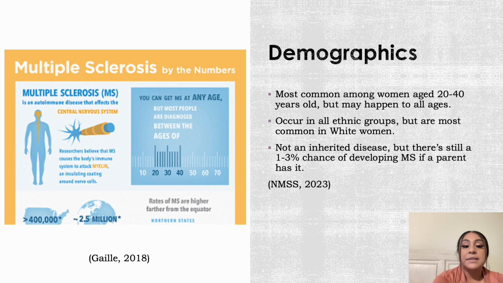It's not an inherited disease, but there's still a 1 to 3% chance of developing MS if a parent has it. Men can get it too, it's just not that common. And right here on the picture, there's a graph that shows the age that's the most popular, and then underneath it says that MS is higher farther from the equator on the map.